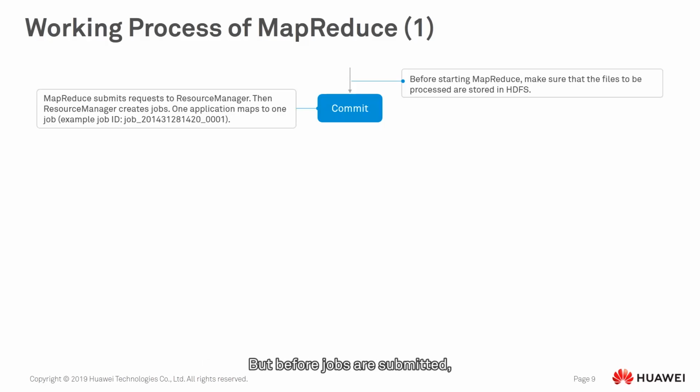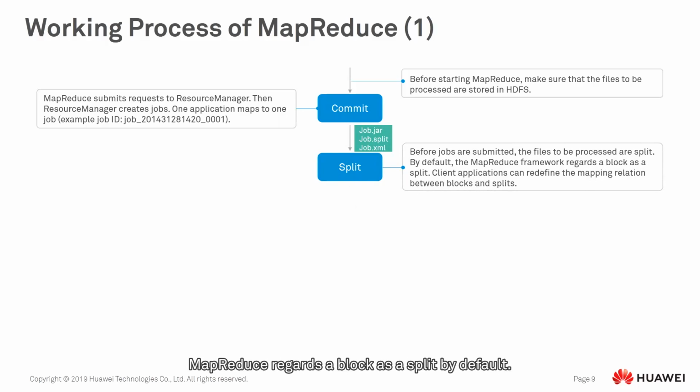But before jobs are submitted, the files to be processed need to be split. MapReduce regards a block as a split by default, and the client applications can also redefine the mapping relation between blocks and splits. For example, assume that a file is stored as 3 blocks in HDFS.